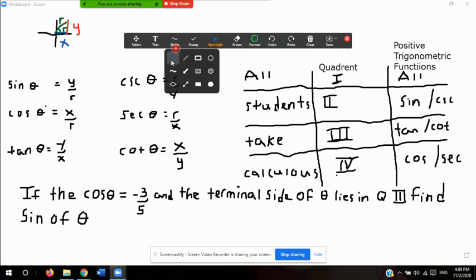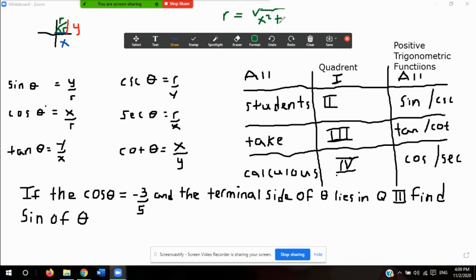And we established that in order to find r, we would use the formula: r equals the square root of x squared plus y squared.